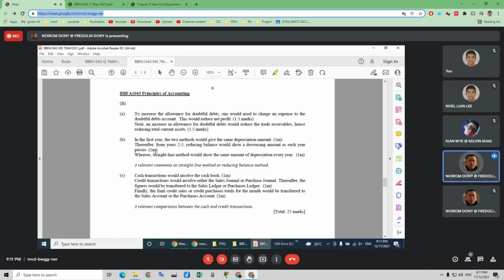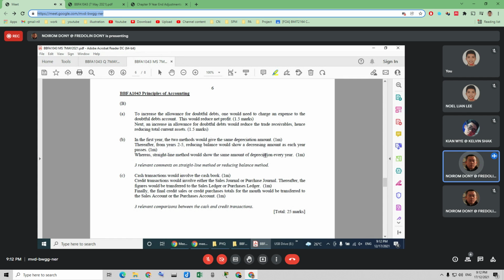But thereafter, from year 2 to 5, because we are using reducing balance method, we base it on the net book value, isn't it? It would show a decreasing amount as each year passes by. Whereas straight line method would show the same amount of depreciation every year.